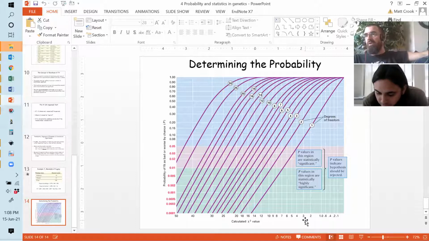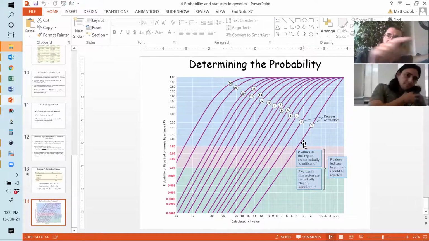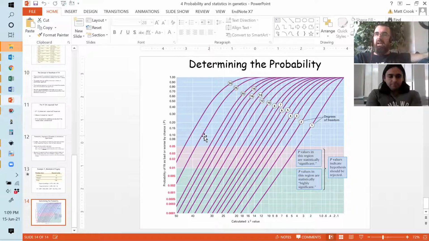Find 3 on the x-axis, and you go up till you hit the line for 1 degree of freedom. And then you go across to the y-axis and you read off the p-value. So that will give you a p-value of 0.08. These are all stuff that's been calculated by other people, thankfully. You don't have to do it yourself.